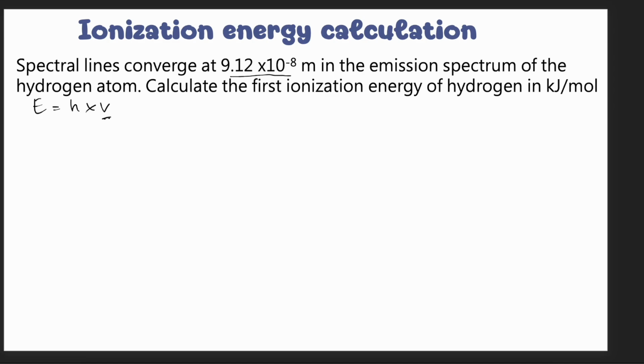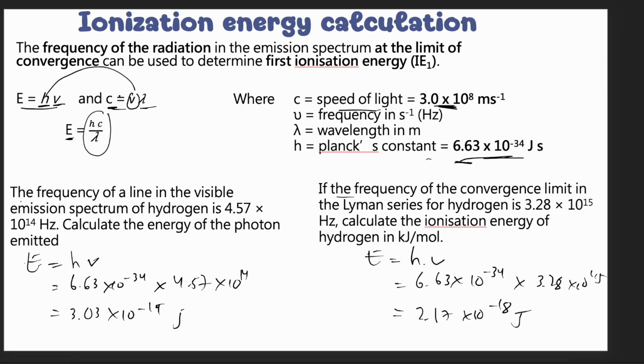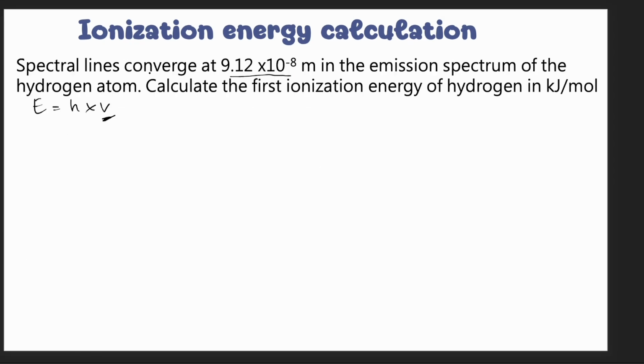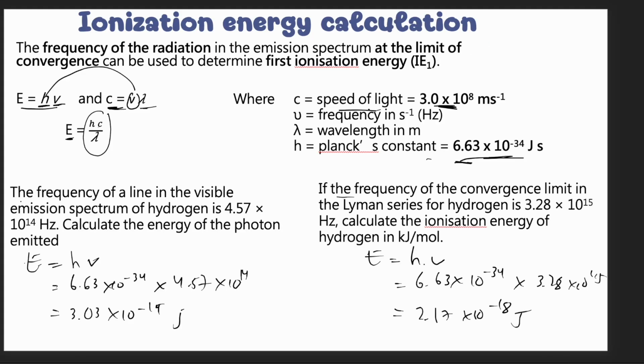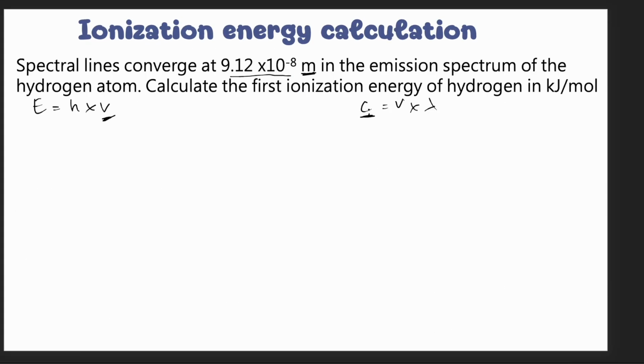But we don't have any frequency here. Remember, we have another formula: c equals frequency times wavelength. So this is the wavelength, and c is a constant, 3 times 10 to the power 8. So we can calculate the frequency.